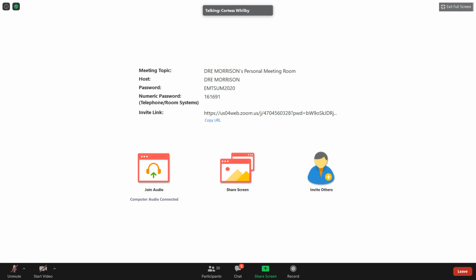When you do, you see a little window pop open. The screen that you want to share, just click on it, and then on the bottom right hand corner of that window you see share. You just click on it. Share. Now if I go back to the Zoom screen.